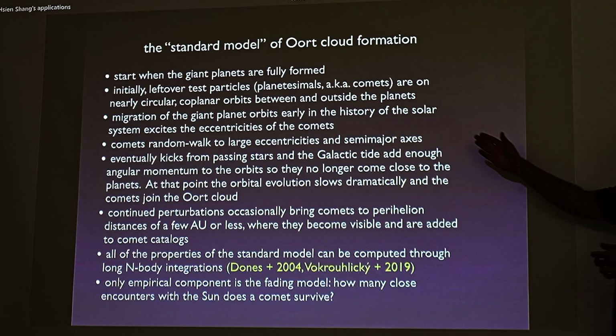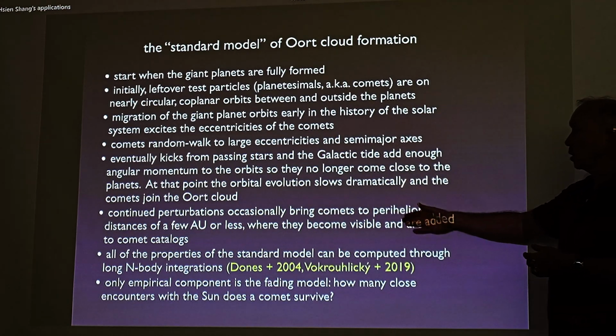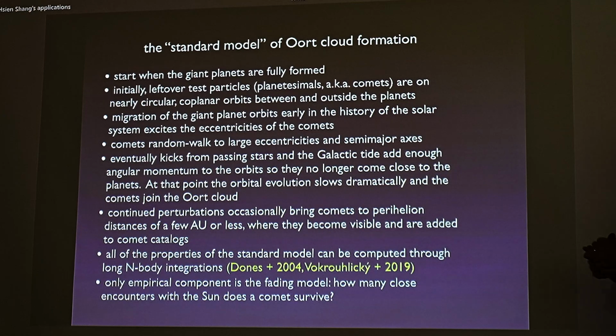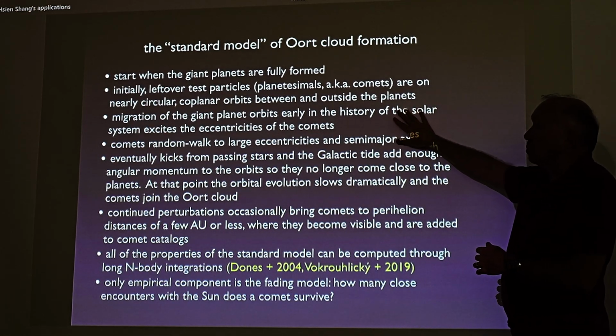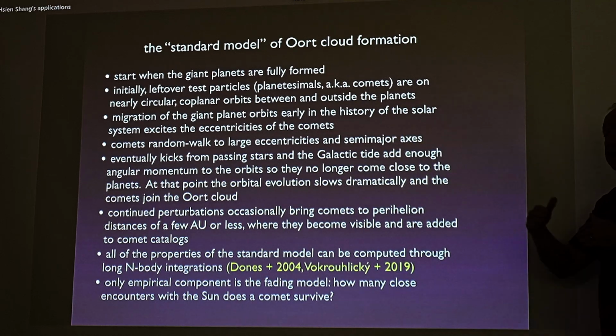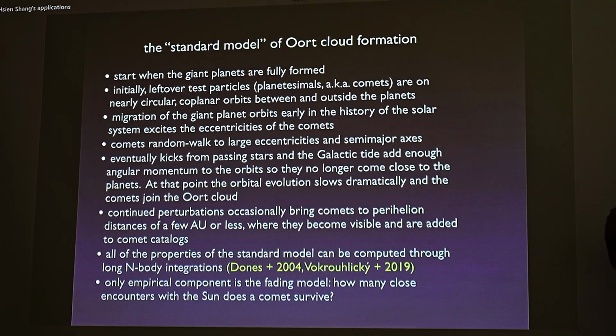You can calculate everything simply by doing long orbit integrations. You just set up a set of test particles, put in the giant planets, let them migrate for a while early in the history of the solar system, and then just follow the n-body problem involving the planets and the test particles for 5 gigayears and see what's left at the end.